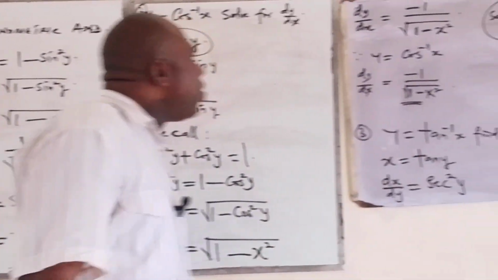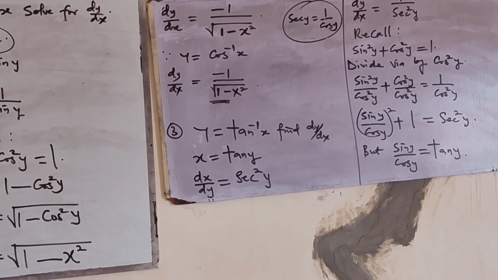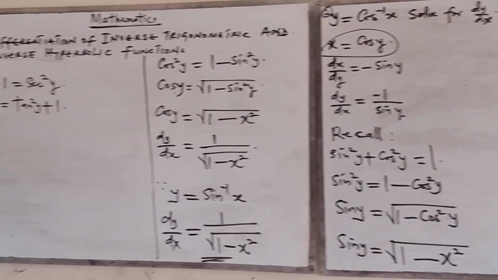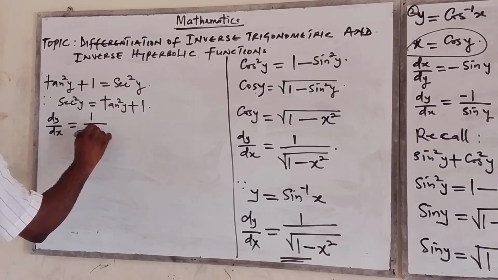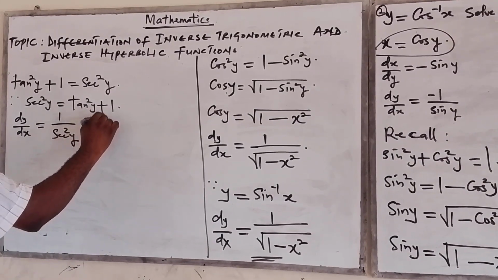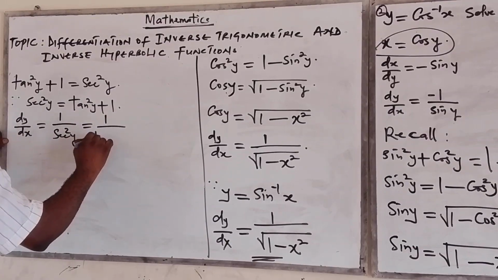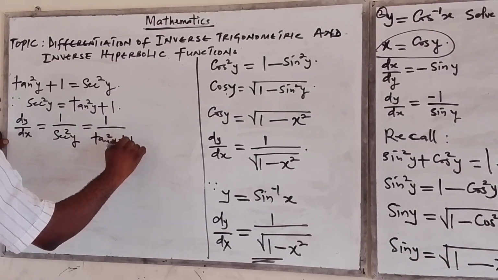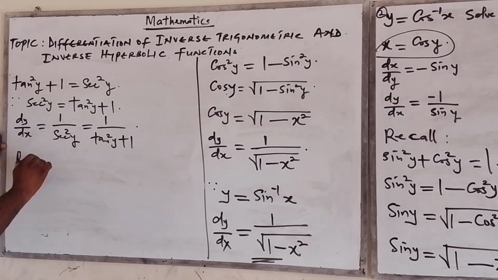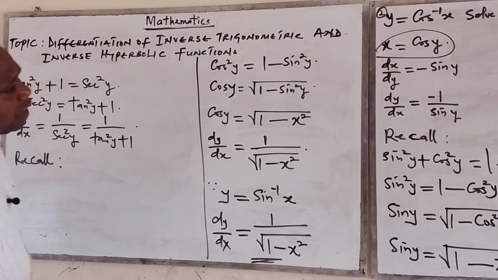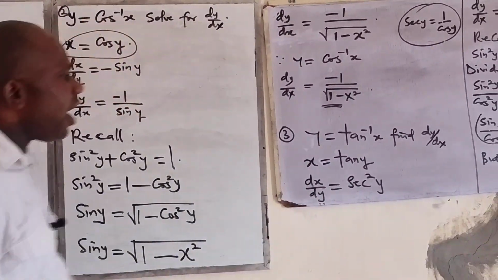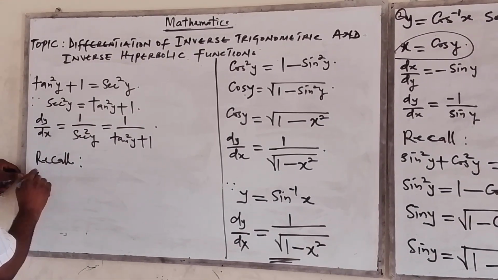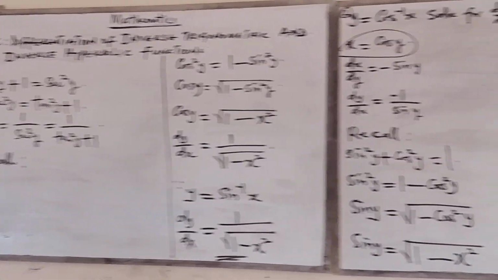And now we said that dy/dx is equal to 1 all over sec square y. So that will give us 1 all over tan square y plus 1. But recall here that x is equal to tan y.